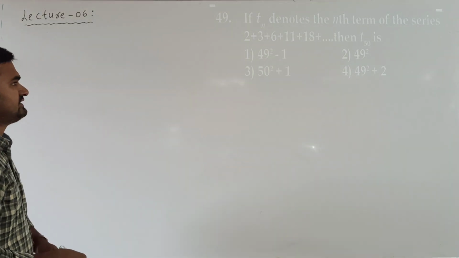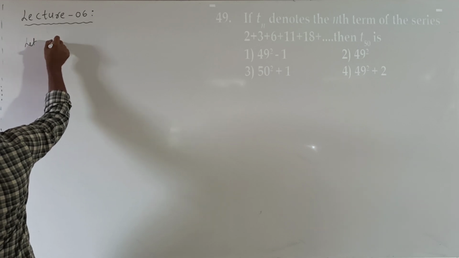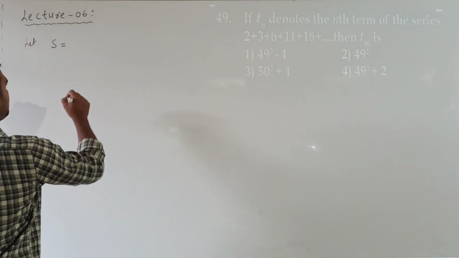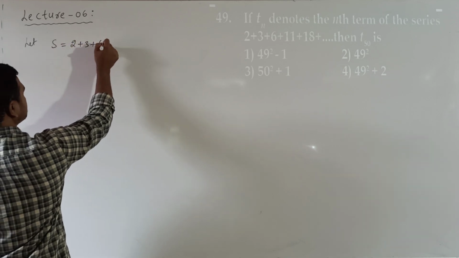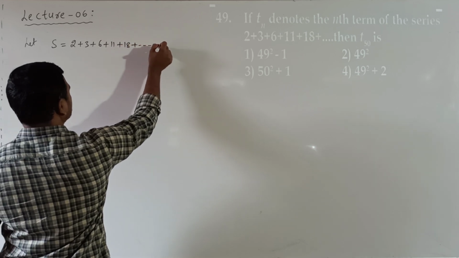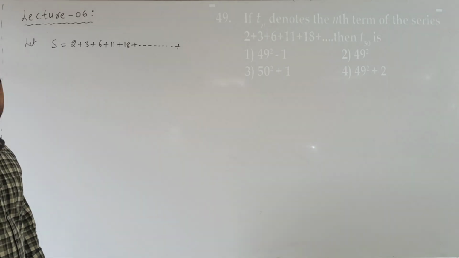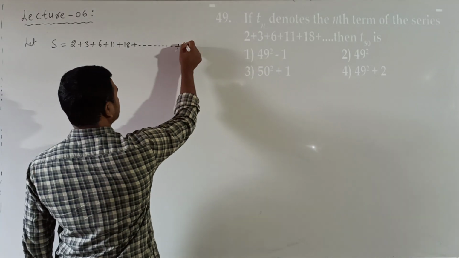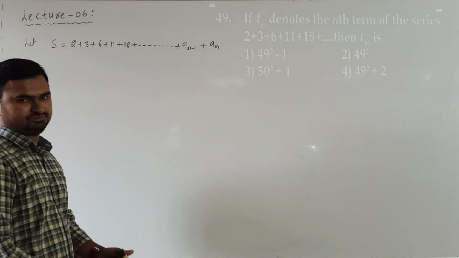Let us take the given summation as S. Let S equal 2 plus 3 plus 6 plus 11, 18 and so on. Assume that there are n terms in this series, so we have a(n minus 1) plus an.